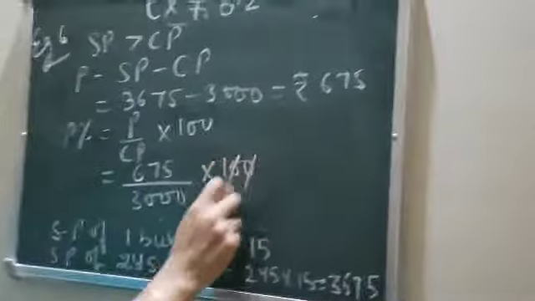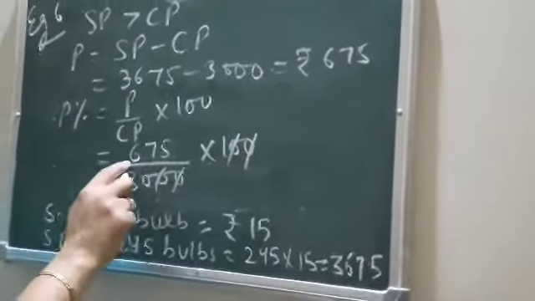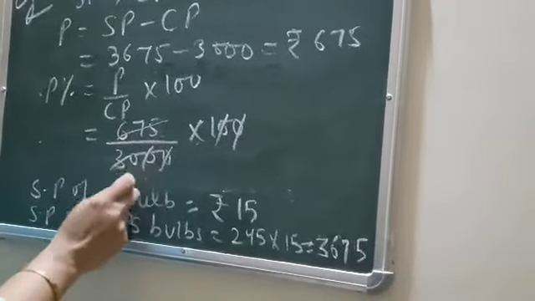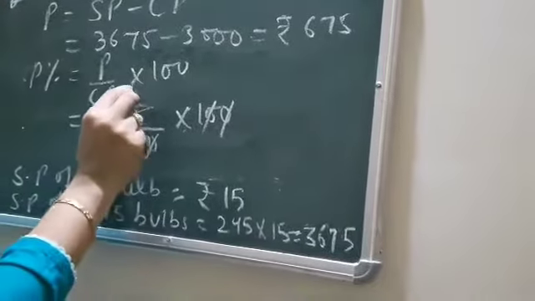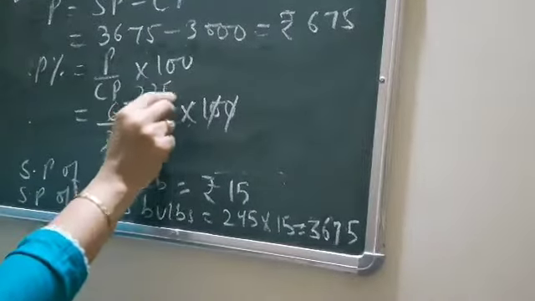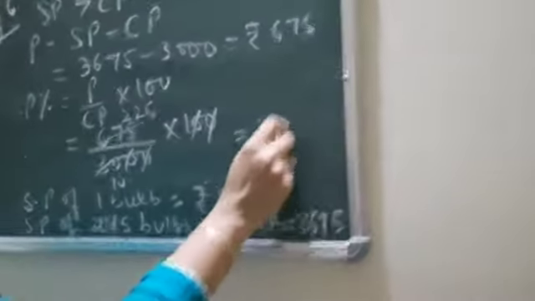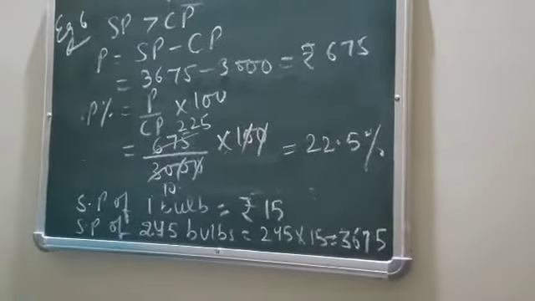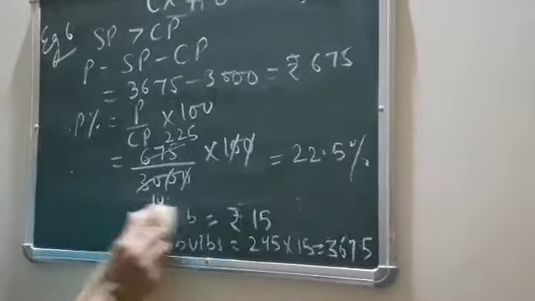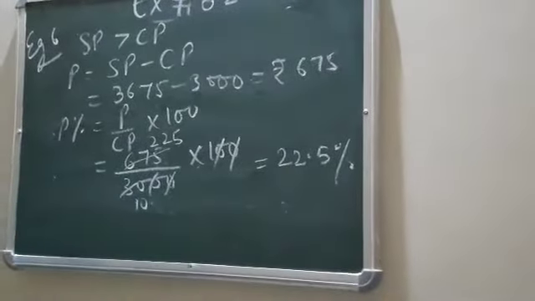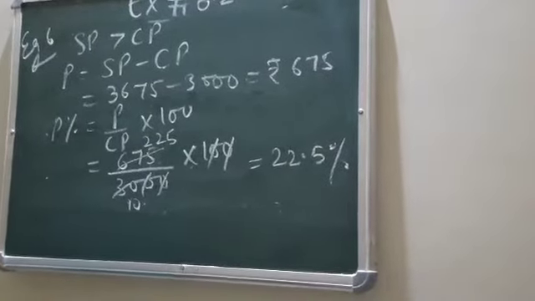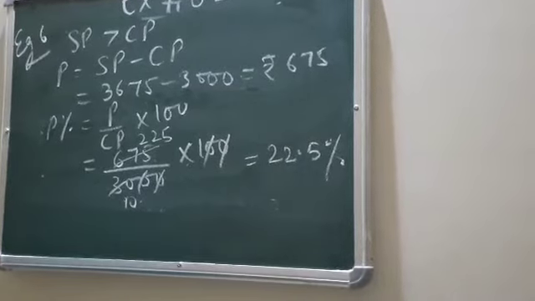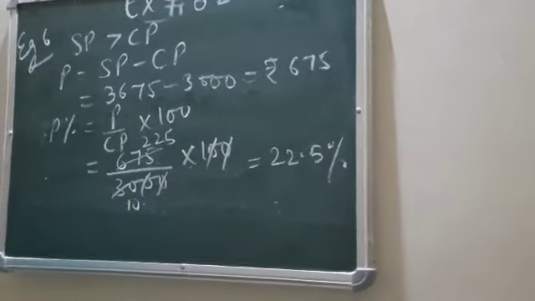Just do the cuttings, cut the zeros, and then divide by 3. 3 tens are 30 and 3 225s are 675. So it will be 22.5%, because 225 upon 10 is 22.5. So 22.5% is your answer, which is the profit percent of the shopkeeper.